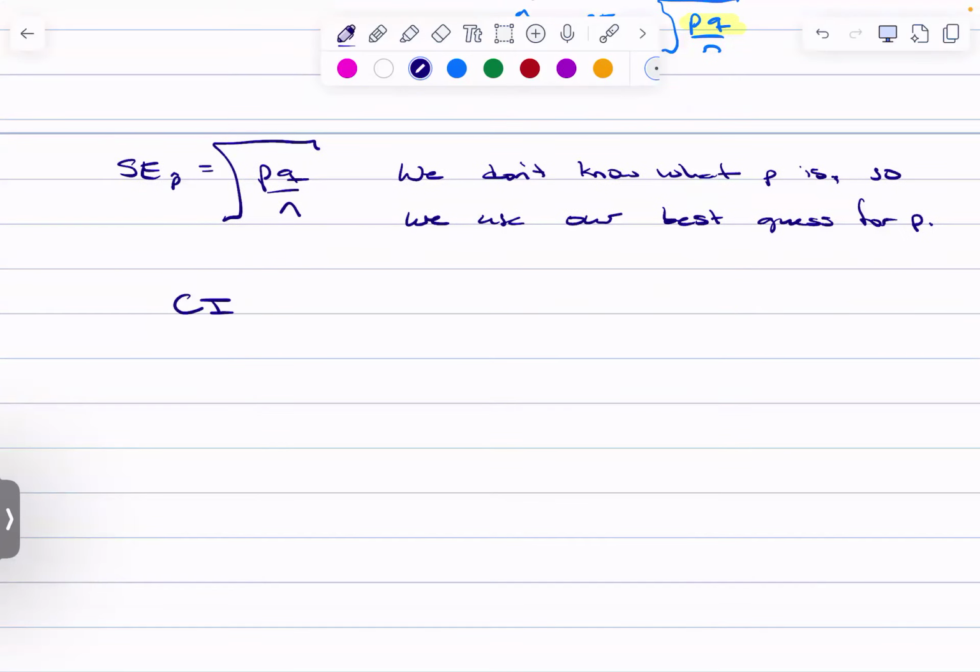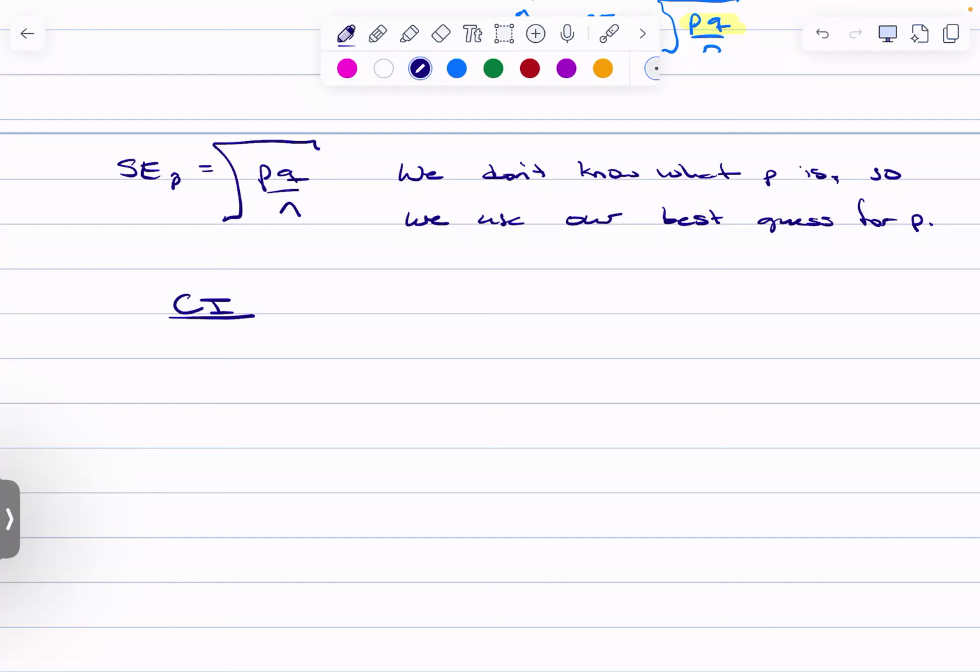If we're building a confidence interval, then our best guess for p is going to be p hat. Why not? I have my sample proportion, and I assume that if I collected it randomly and it's representative of the population, there's no reason to think it would be a bad representative of p.